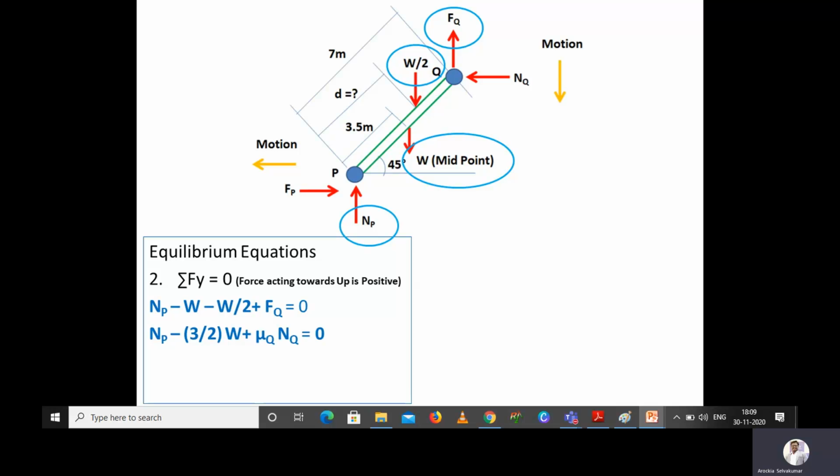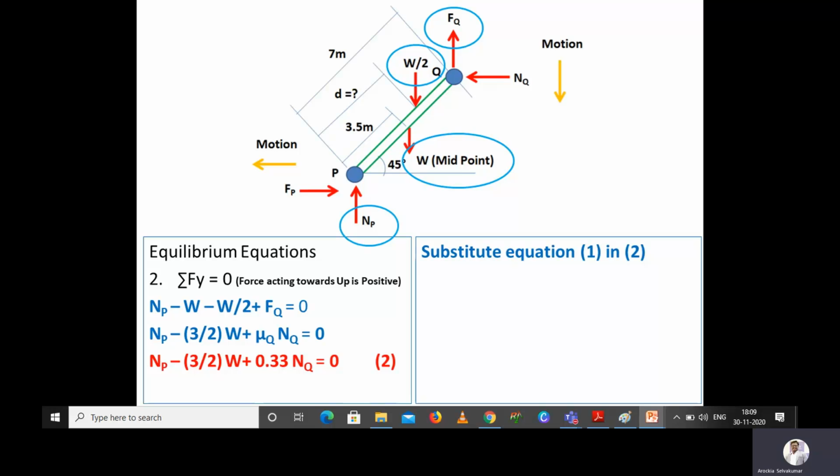So instead of Fq, we have written mu Q and Nq, equal to 0. Substituting the value of mu Q, 0.33, the equation is Np minus 3 by 2 W plus 0.33 Nq is equal to 0.